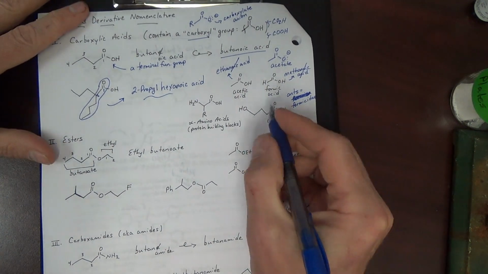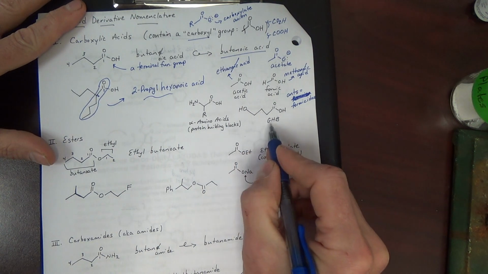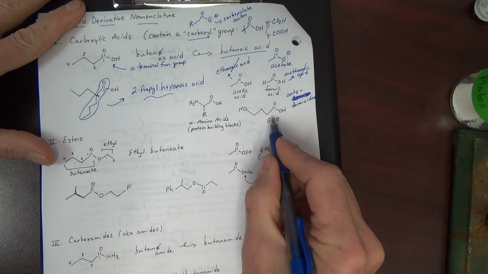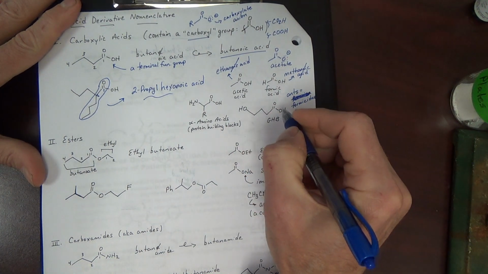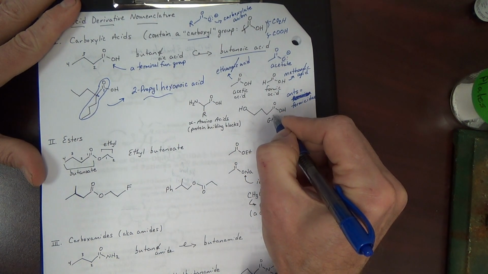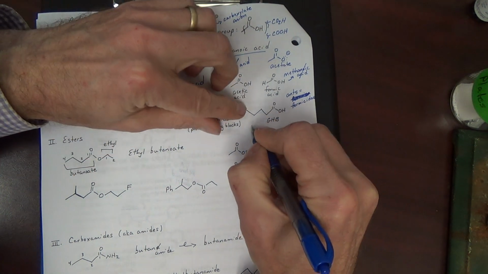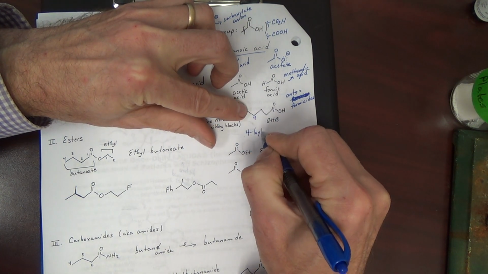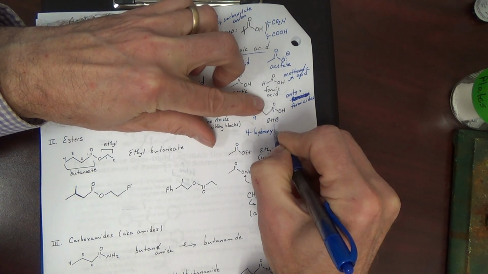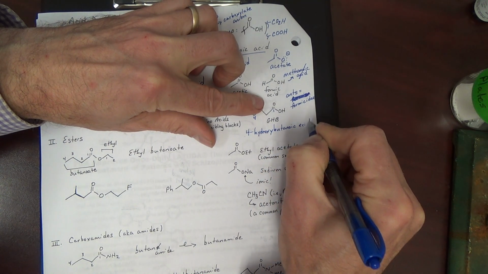Okay, let's look at this compound here, GHB. Let's name this compound 1, 2, 3, 4. Butanoic acid. But it's got a group at the 4 position. There's a hydroxy. 4-hydroxybutanoic acid.